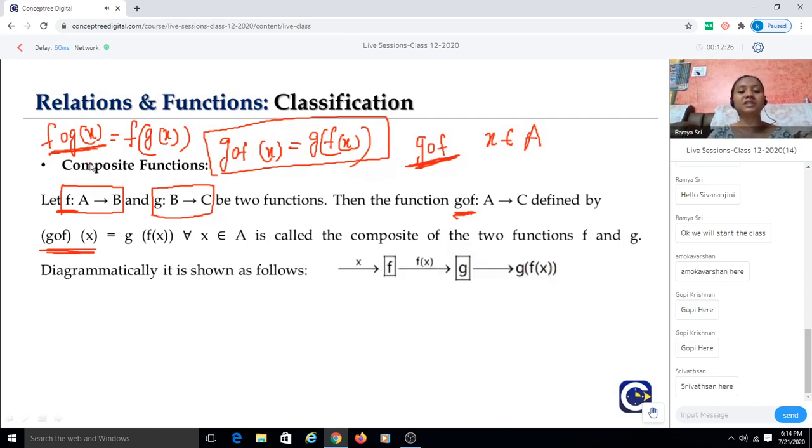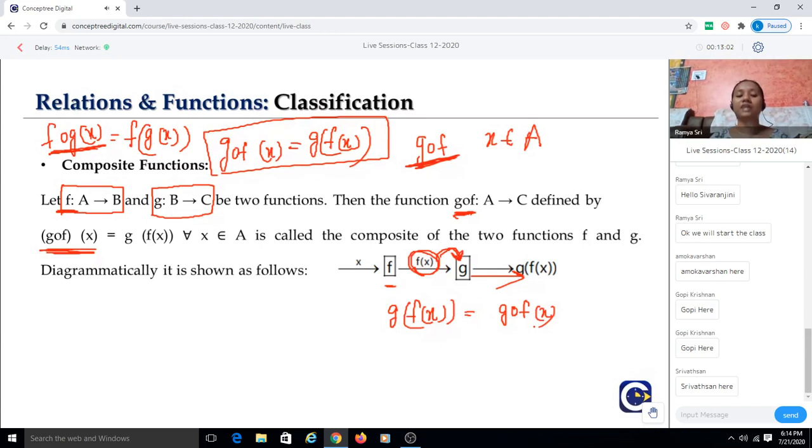So if you represent it in a typical diagrammatic form, here you can see we have a function f in terms of x, and we have a function g in terms of f, right? So if we are trying to write g of f of x, then our first part will be substituting our f of x in the function g of x, which results in g of f of x.